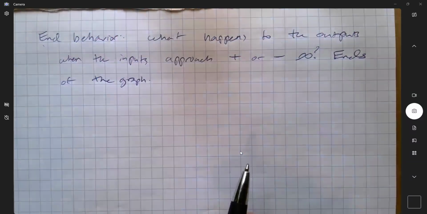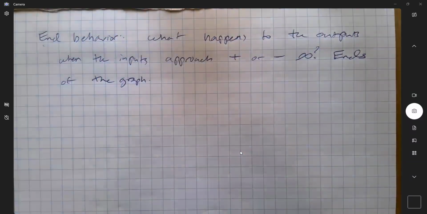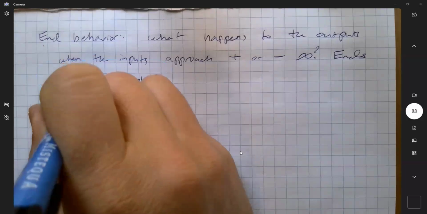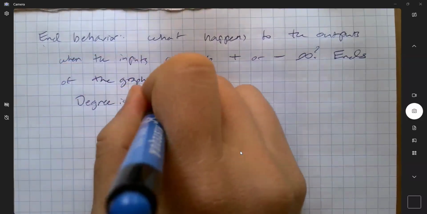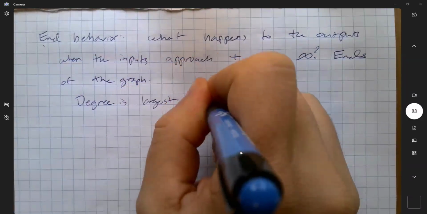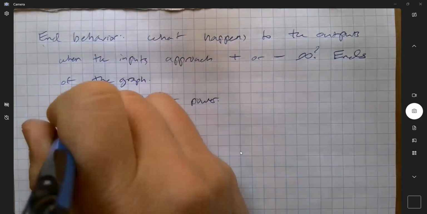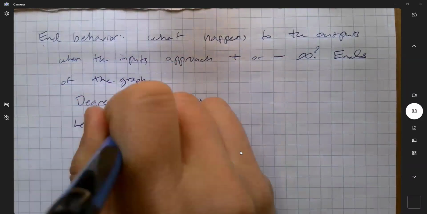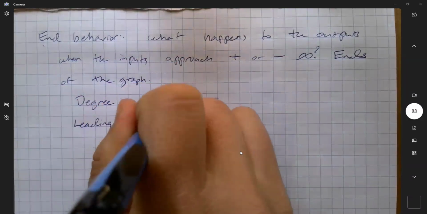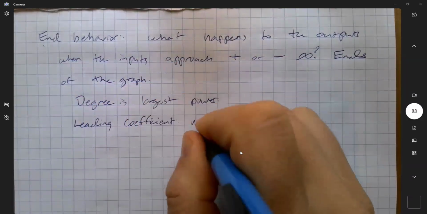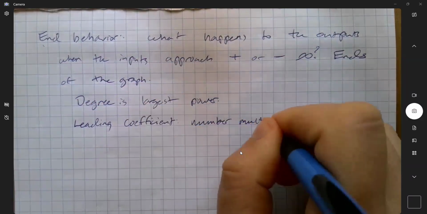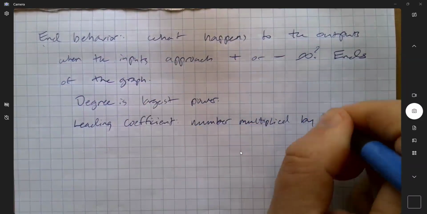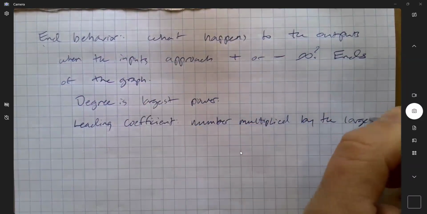And this is also related to the degree. So remember that the degree is the largest power. It also depends on the leading coefficient, the number multiplied by the largest power of x.